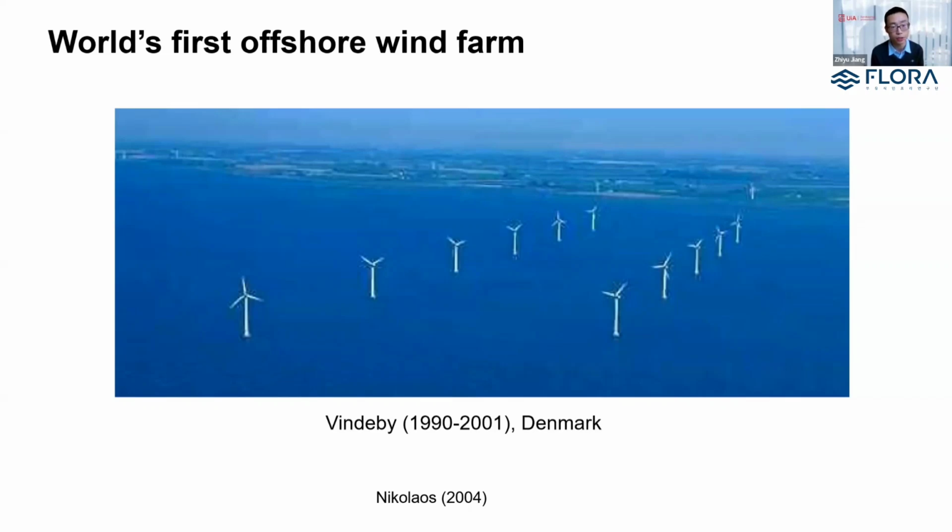And this marks the history or the inception of the offshore wind industry. You may laugh at the scale if you compare it with today's large megawatt size wind turbines, but this is actually a great achievement for our industry and for society.